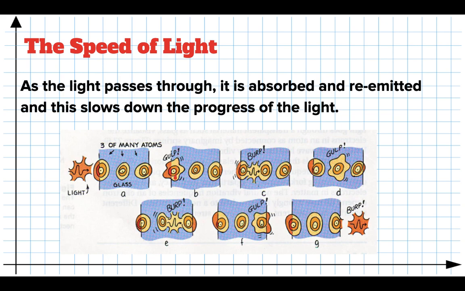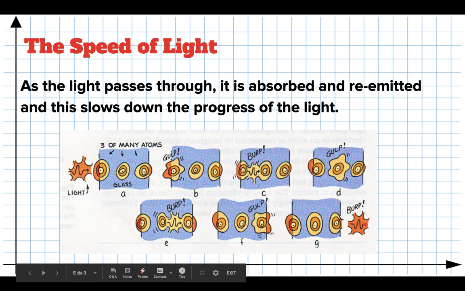As they jump up and back down, they produce a wiggle that is the same frequency as the original electromagnetic wave, and that sends light out to the next atom, which gulps it up, and then that eventually falls back down into its orbital. Through this process, the electromagnetic wave works its way through the glass until finally it's emitted on the other side. So the frequency that it comes in at is the exact same frequency that it leaves at.